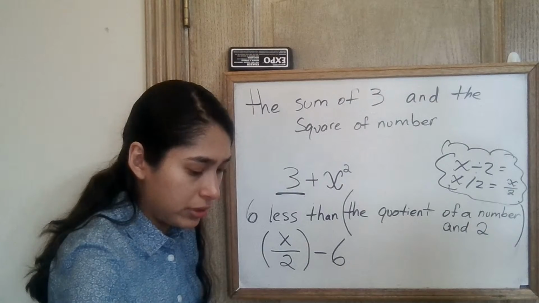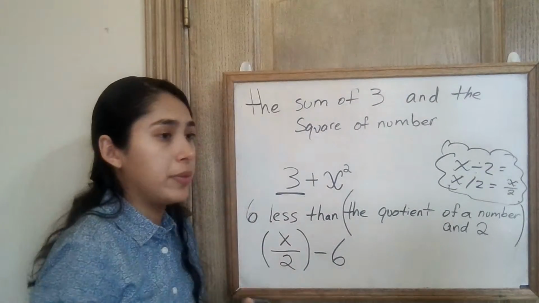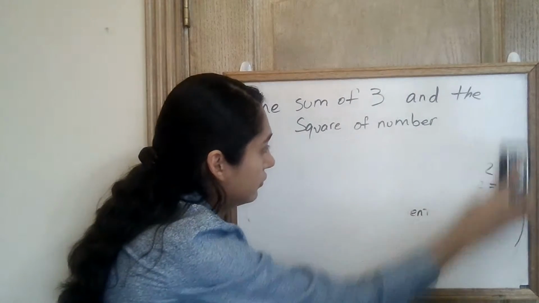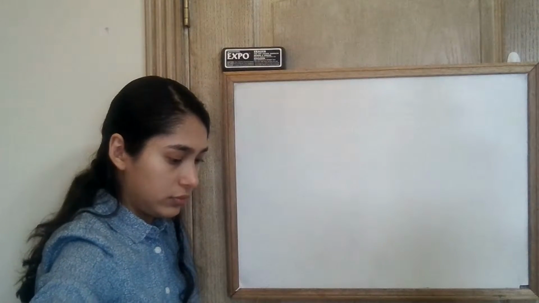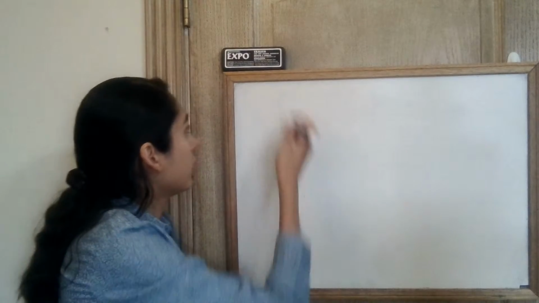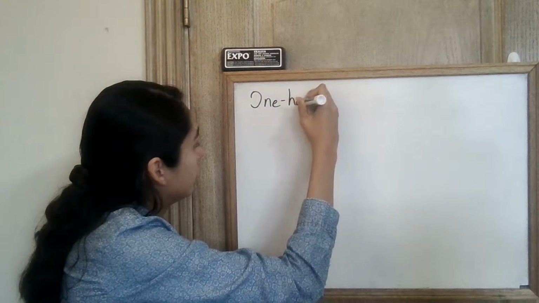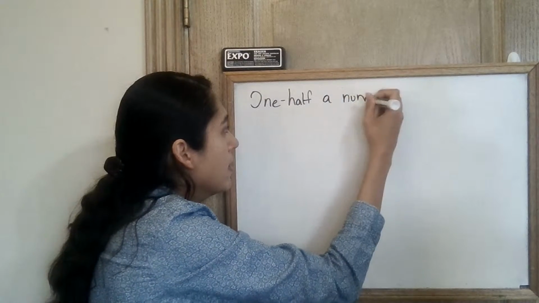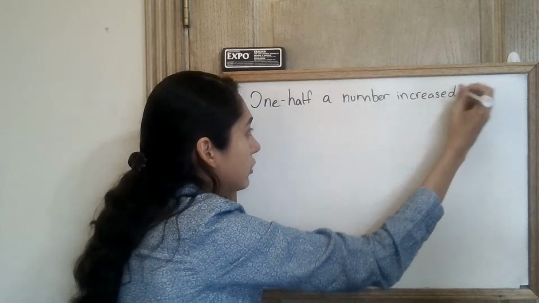Okay, so let's do something with more stuff going on, a wordier expression. Let me go ahead and erase. One half a number increased by 15.